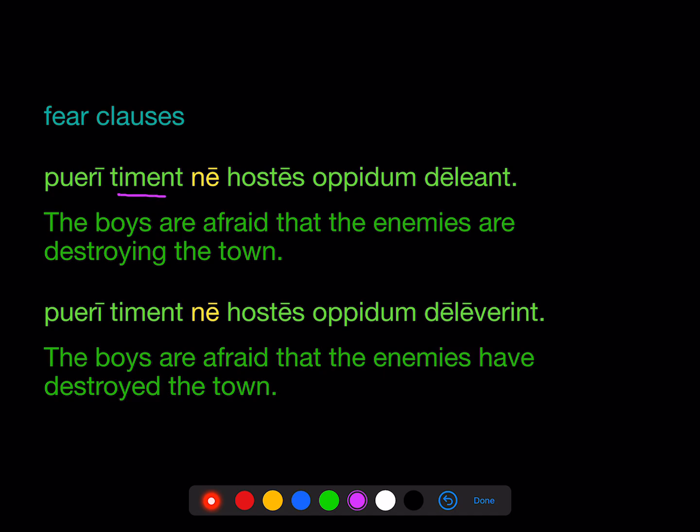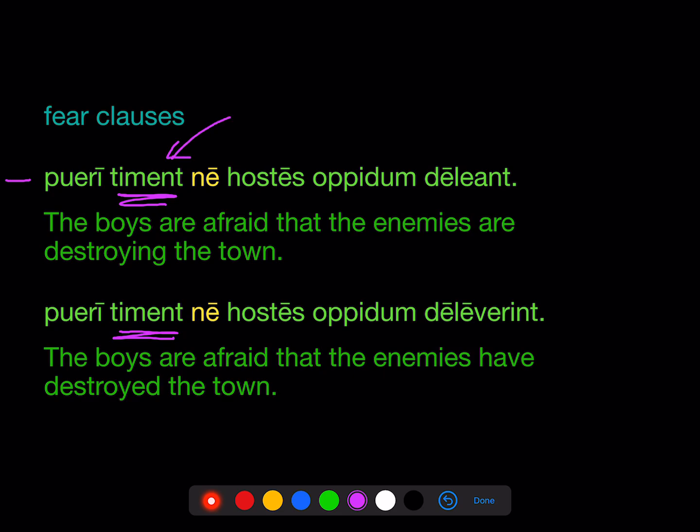First, let's start with a couple that have their main verb in the present. Pueri timent, ne hostes oppidum deleant. The boys are afraid that the enemies are destroying the town.